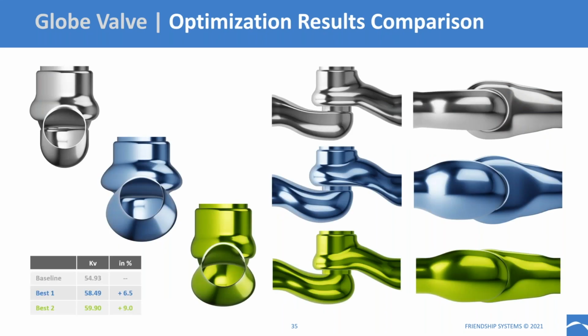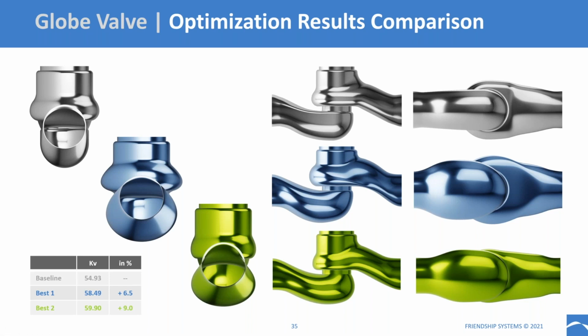And here we have, to conclude, a comparison of these different designs that we generated. The silver one is the baseline geometry, the blue one is the result from the first optimization study, and the green one is the result from the second optimization study.